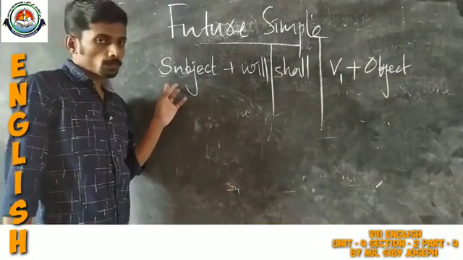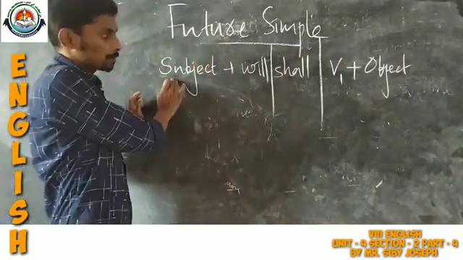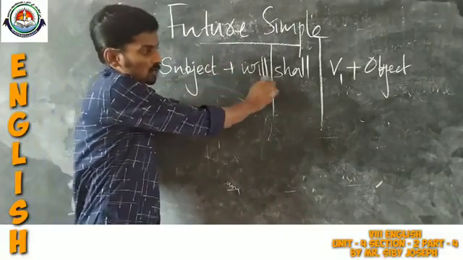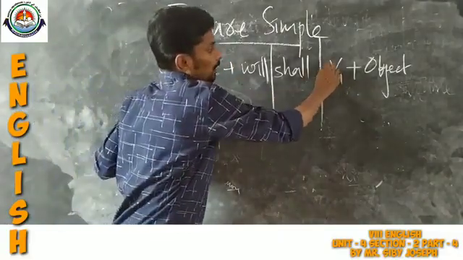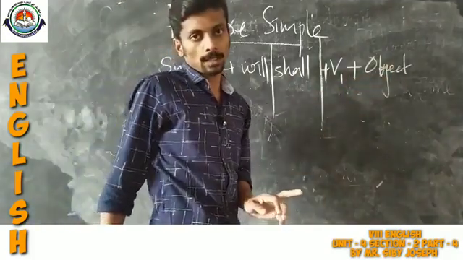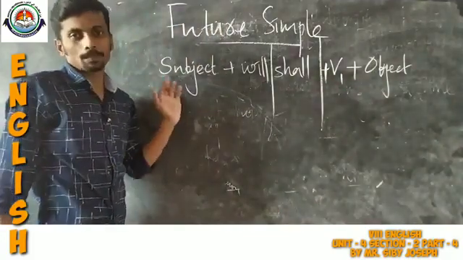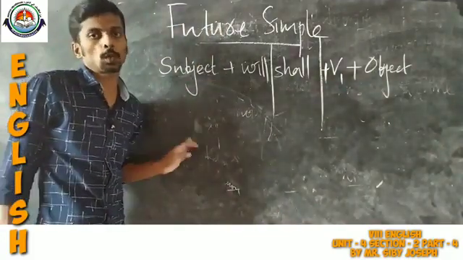This is the structure of future simple: subject, will or shall plus V1 plus object. Now, let us look at some examples which we are going to discuss.